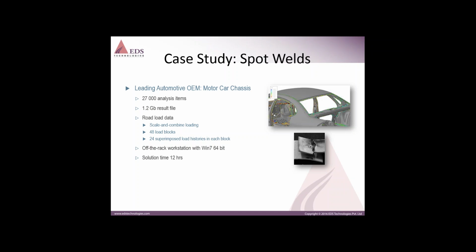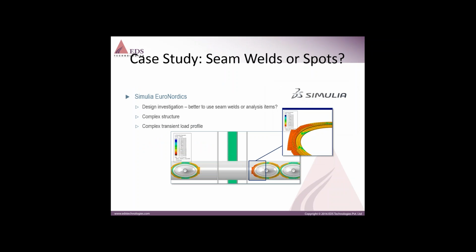Here is my final example. This explores mainly whether we should use seam weld or spot weld. This example comes mainly from Simulia, and there is a lot of confidentiality related to this particular slide. I do not know what exactly the actual application is either.